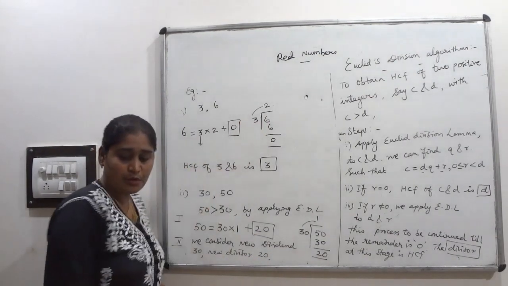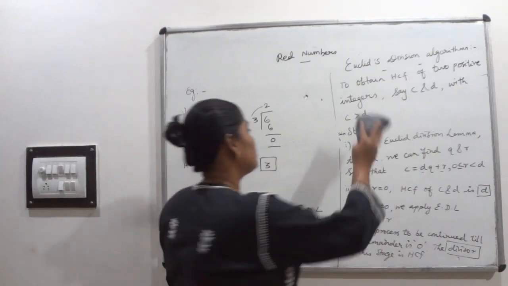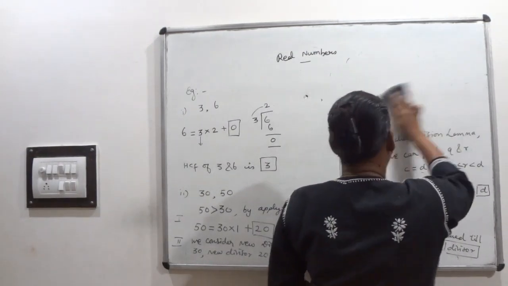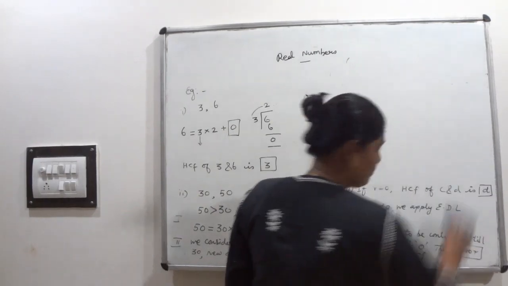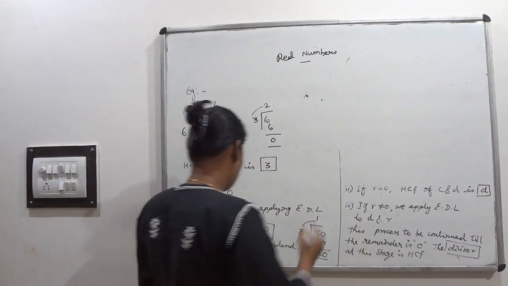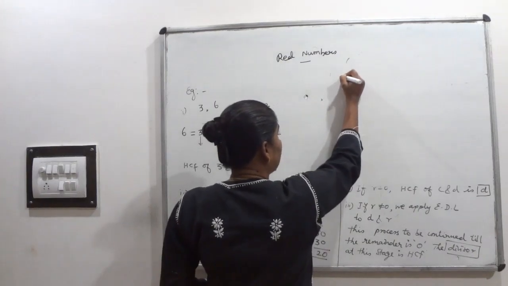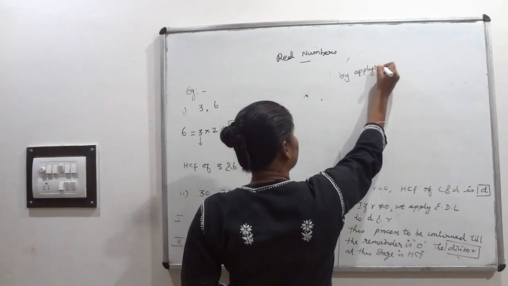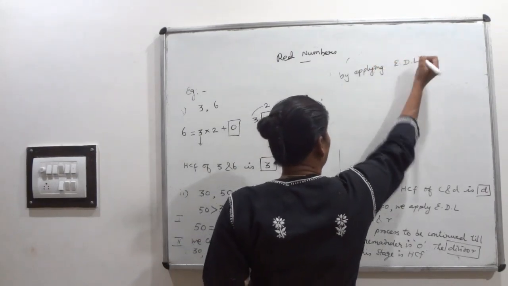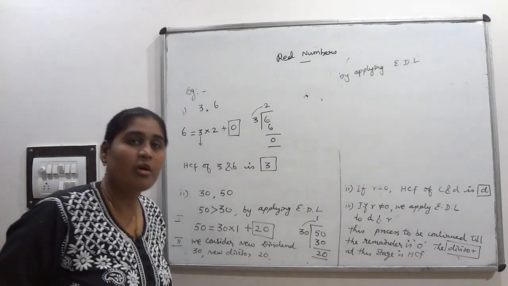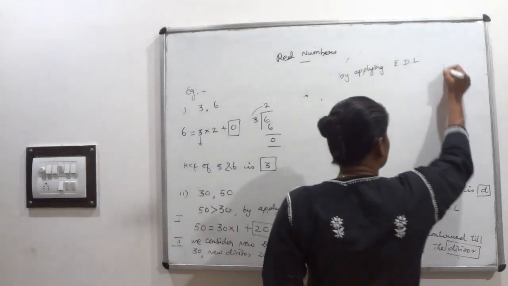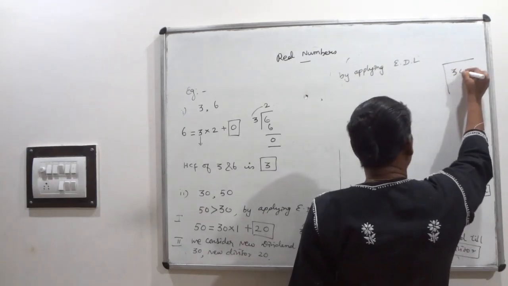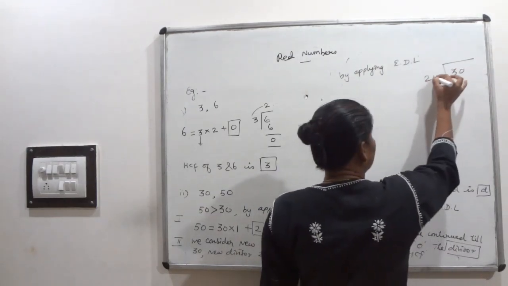Again continue the process by applying Euclid's division lemma to write these numbers in the form of a = bq + r. Divide these two numbers.